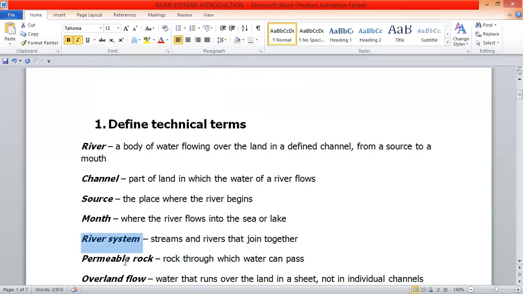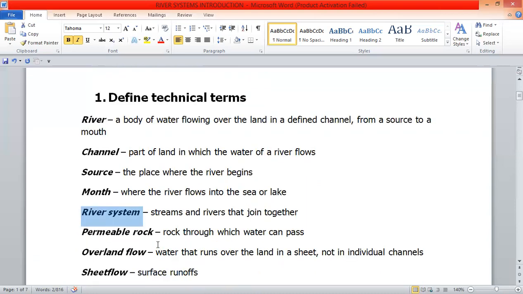Then we've got permeable rock. Permeable rock is a rock through which water can pass. It's a rock that has got some pores, so water can pass through that rock. It allows water to pass through.